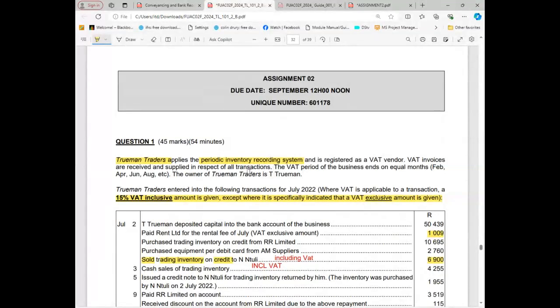What I suspect is that because assignment one is about periodic, maybe for your syllabus they are only using periodic. But irrespective of that, it doesn't matter. I want us to know the whole system so that in future we know what to do.